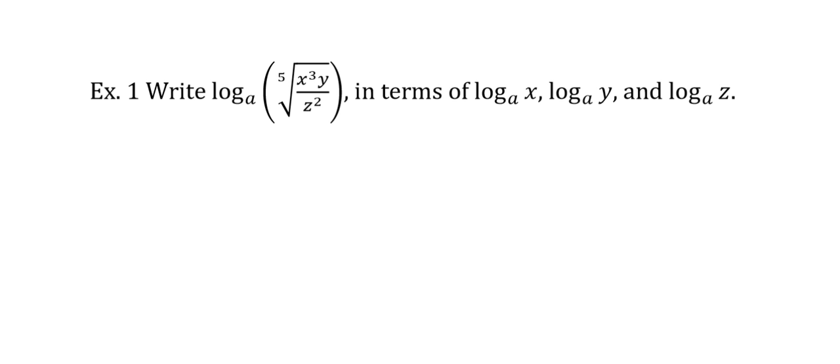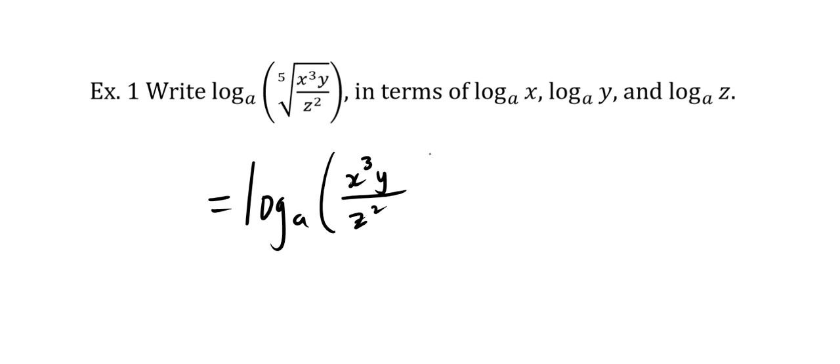The first thing I'm going to do is I'm going to rewrite the fifth root as an exponent of 1/5. So this is x cubed y over z squared all to the 1/5.